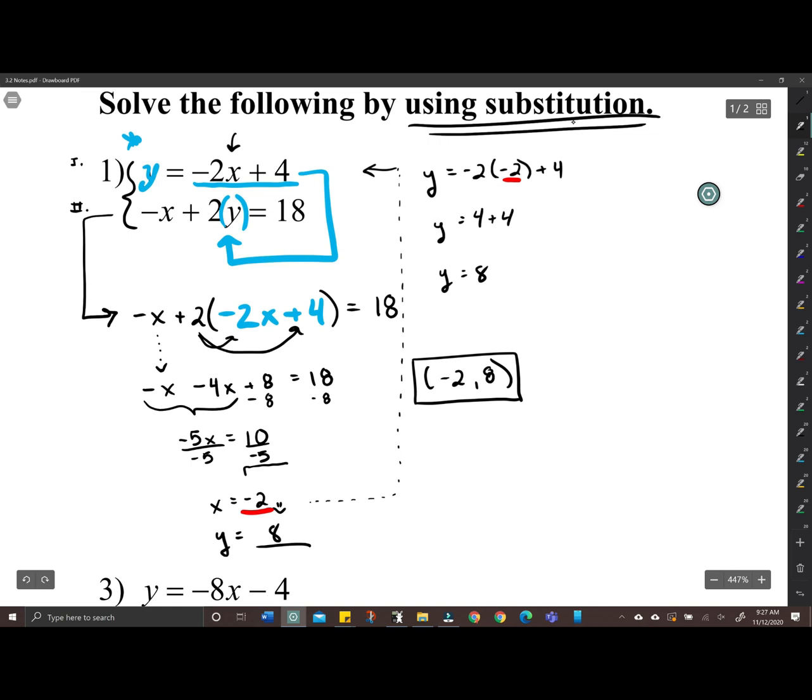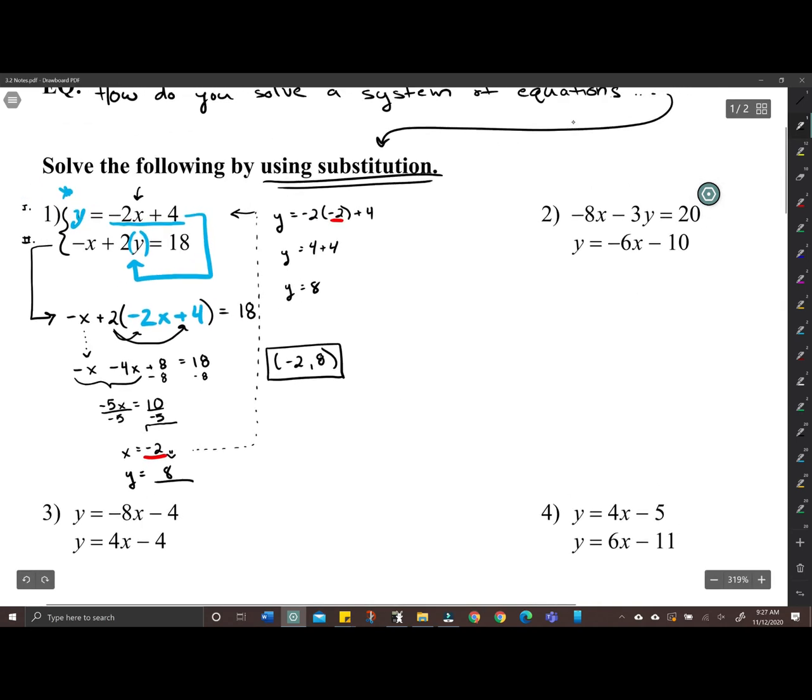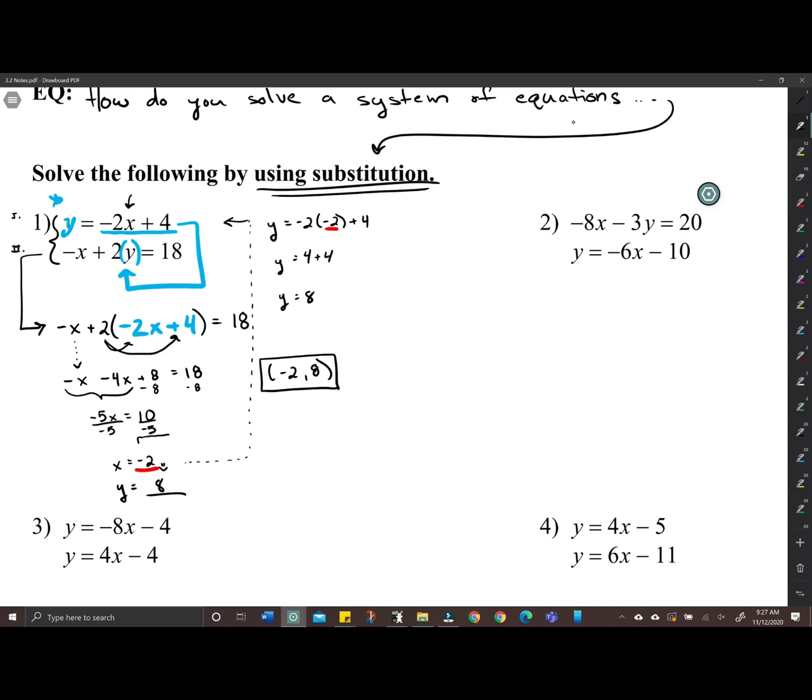So that's the substitution method. Okay. Number 2 is really about the same idea, only this time the second equation is already solved for y. So what we can do is substitute y in for y up top.